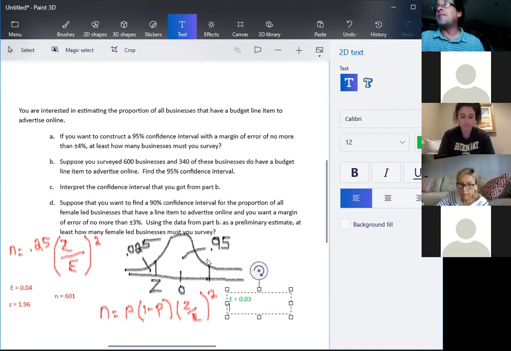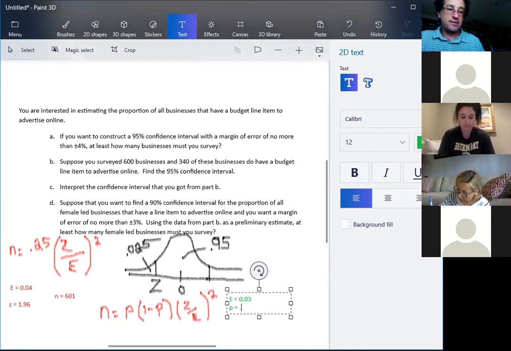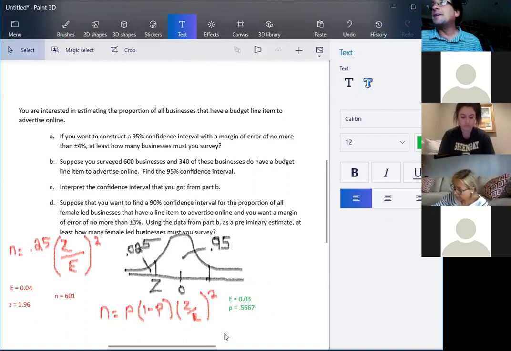And we have n, we don't know n yet. We have p is equal to, as I mentioned a minute ago, 0.5667. And we need to find n.